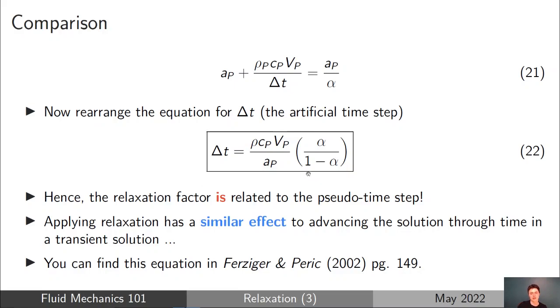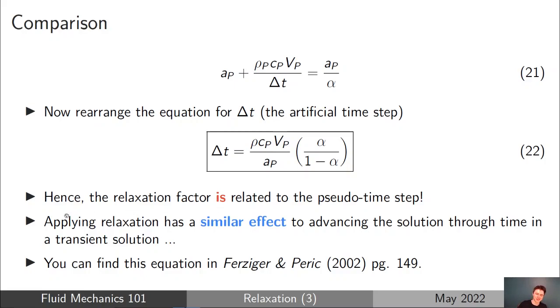And the first thing that this equation tells us is that the relaxation factor alpha is related to a pseudo time step. So when we choose a value of alpha, in some way that's linked to an effective time step which would occur if we were to solve the simulation in a transient manner.